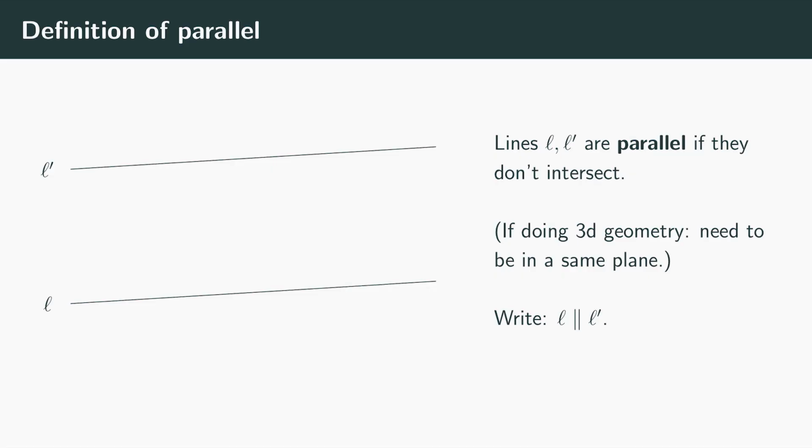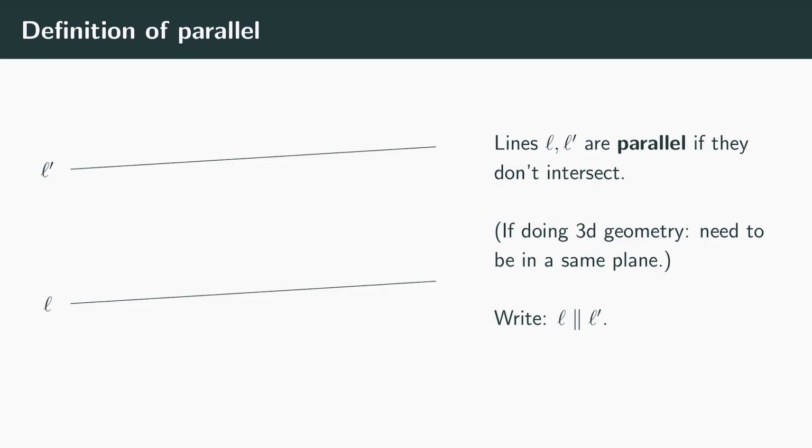And I will remind you, this is not necessarily the definition one takes in other contexts, right? So this is the definition for this topic of Euclidean geometry. Now we need one more condition if we are working in three-dimensional geometry, so solid geometry, and there we would need the two lines to be contained in the same plane. Since we're focusing on two-dimensional Euclidean geometry, we don't need to worry about this.